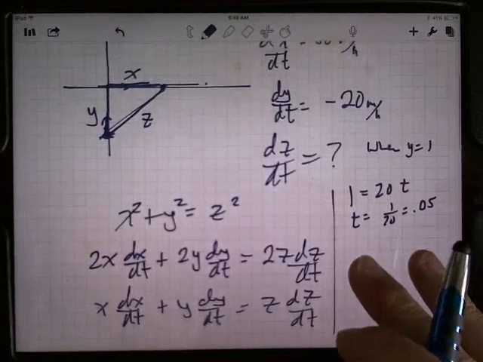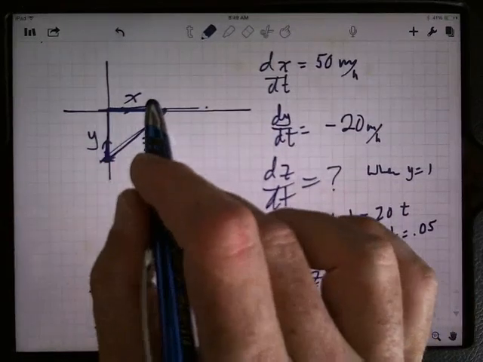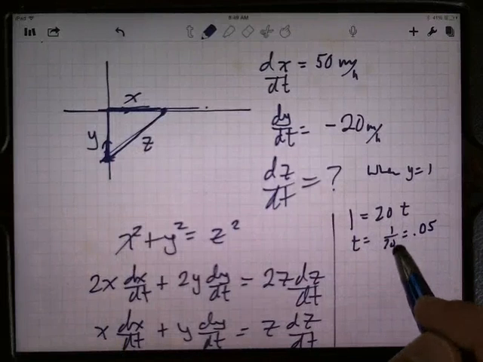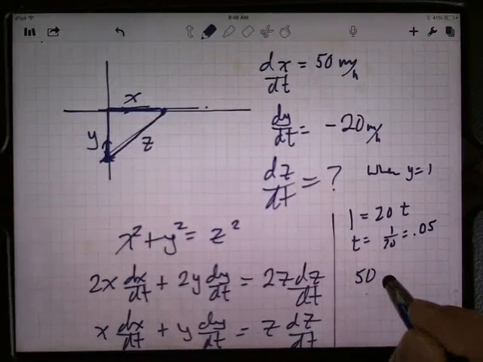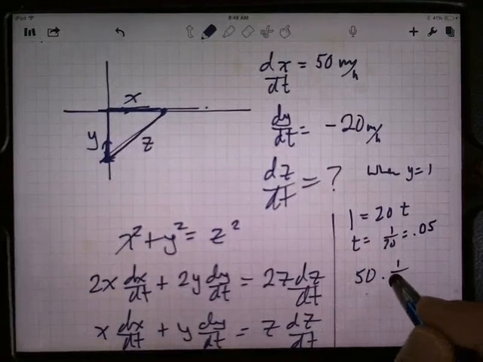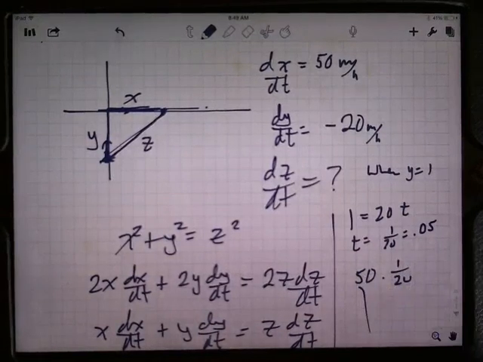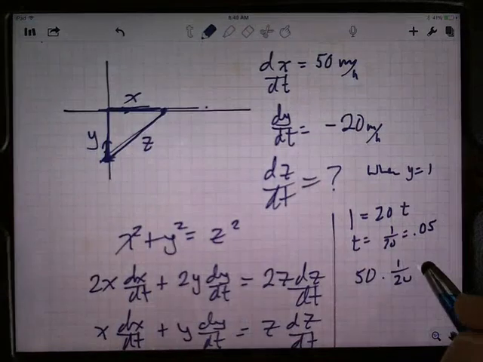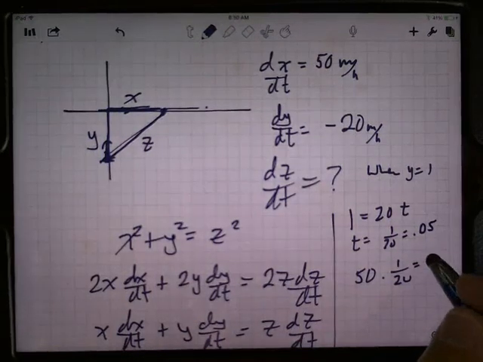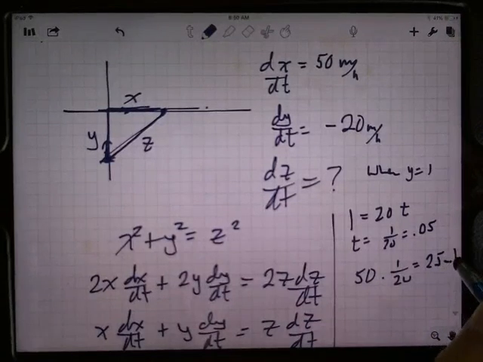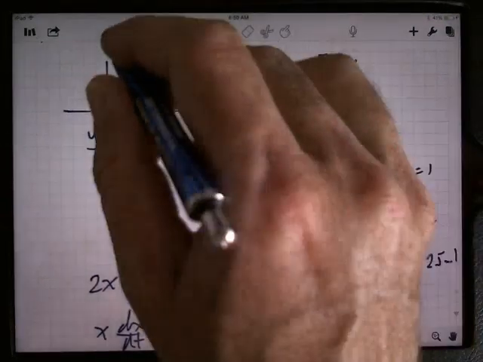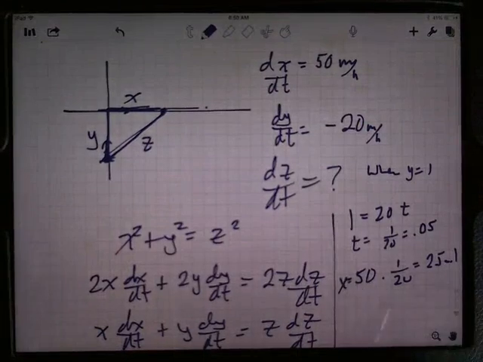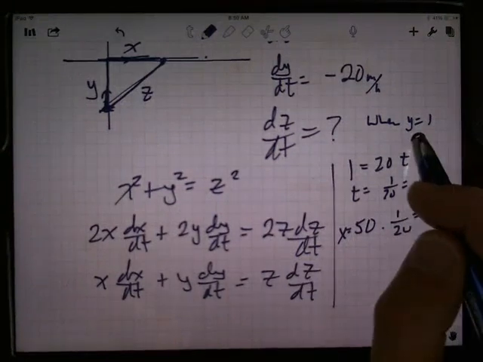Now, how far did the car go? Because that's going to tell me what x is. In that 1/20th of an hour, if I take the 50 miles per hour and multiply it by 1 over 20, I've got 5 halves, or 2.5 miles. So 2.5 miles is what x is equal to when the tractor is only a mile away.